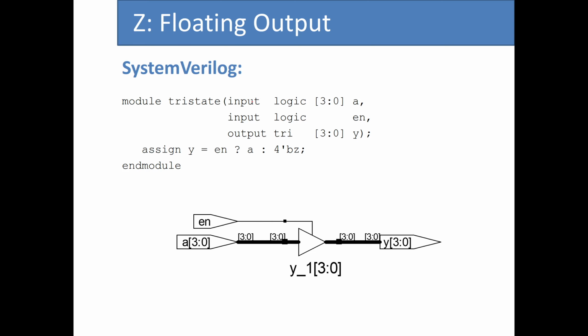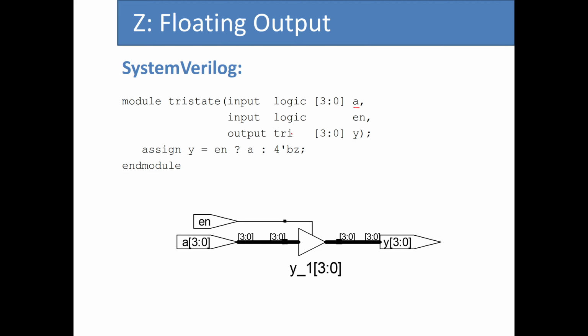So for the input, we have A, and this one again has 4 bits, right? So A is 4 bit. We have this enable signal, which is 1 single bit, and then we have the output, which is again 4 bits.